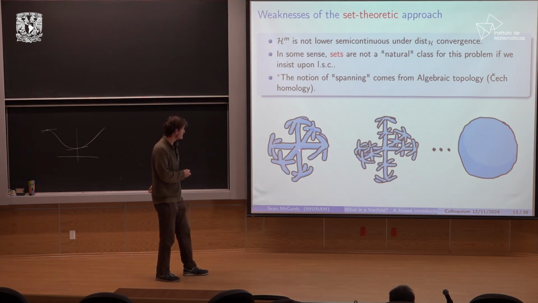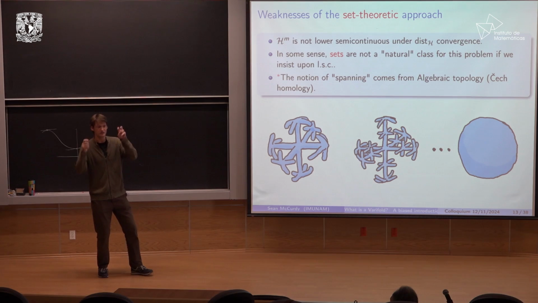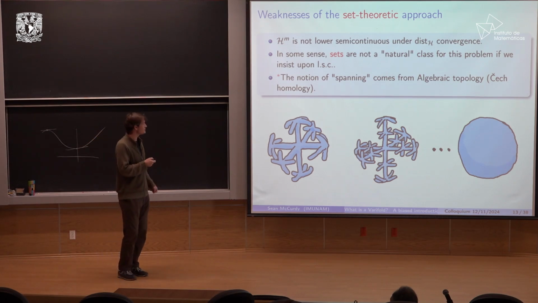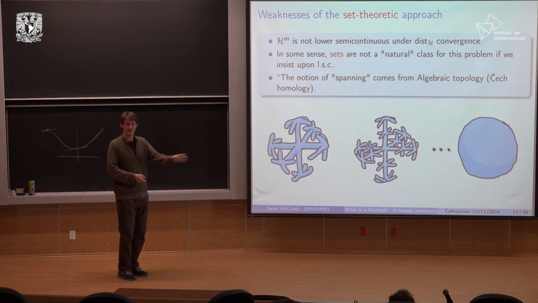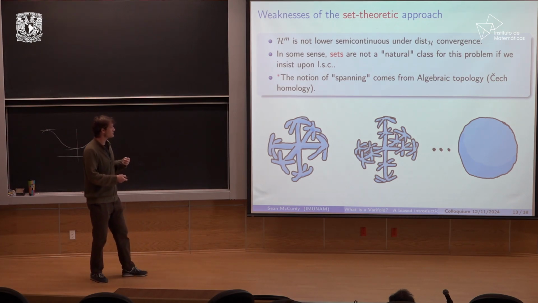And so you would have a sequence of surfaces whose area goes to 0, but whose limit is the solid ball. And this is one of the key problems with the notion of surface area, that if you insist upon lower semi-continuity, then the set itself ceases to have any inherent notion of surface area.